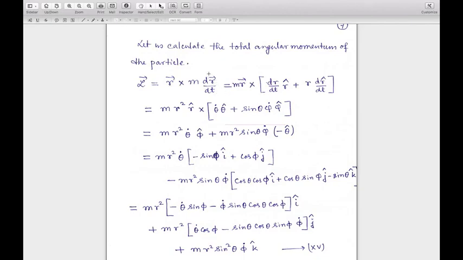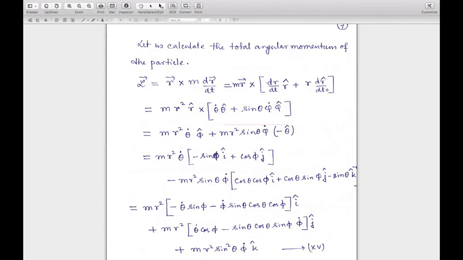Now r vector is nothing but the r scalar times the r unit vector, right? r times r cap. So we can simply write d/dt of r vector is nothing but dr scalar/dt times r cap plus r times d r unit vector/dt.